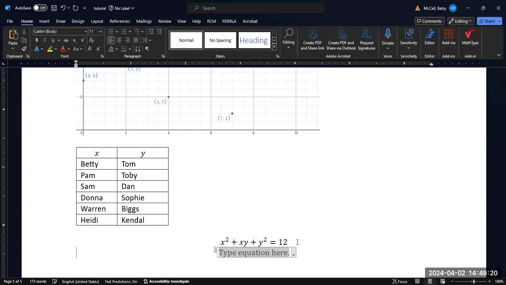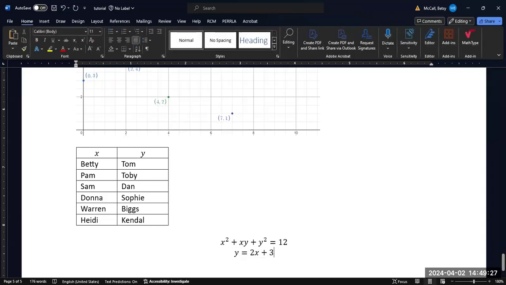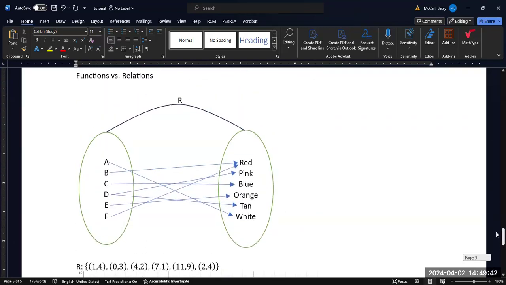In other cases, you can represent them very straightforwardly with a nice simple equation. If you know what the input is, then there's only one possible value for the output. And we're going to talk about how these two cases differ. But all of these are examples of ways that you can express relations.